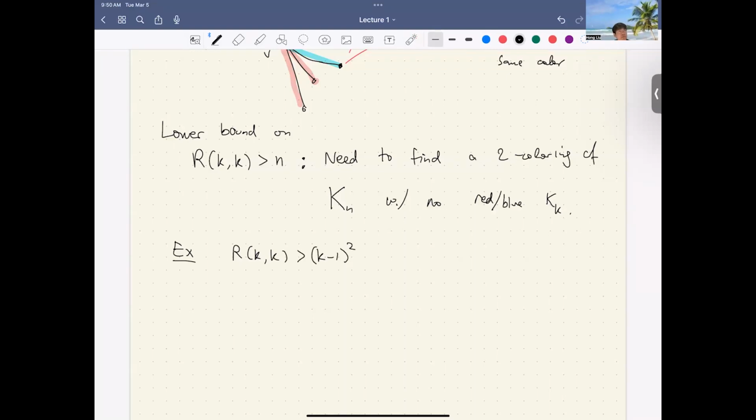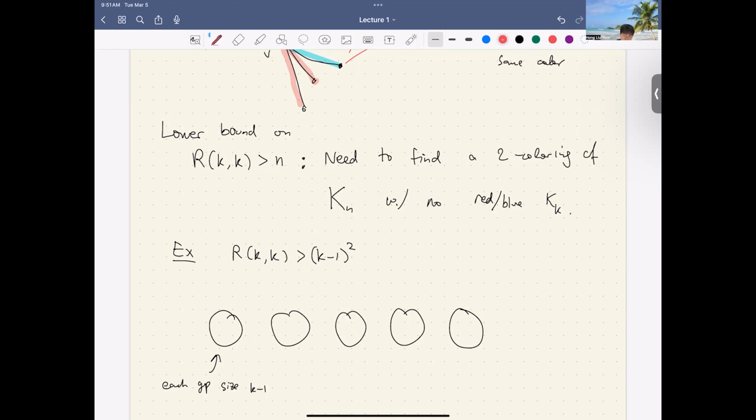This is very simple. What you can do is you can have different groups of people on WeChat, different communities. Each group has size K minus 1. You make them all friends with each other. So this is a community, everyone is a friend of another.